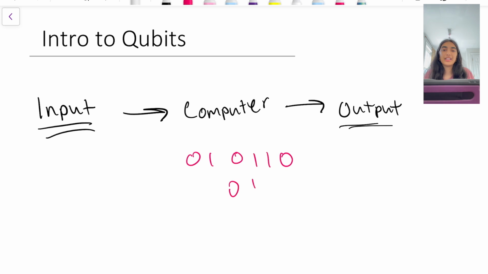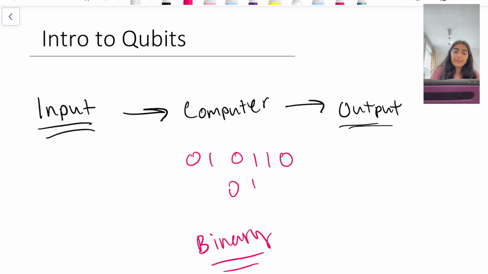That's how it speaks, that's how it communicates. That's the only thing that they understand, binary, 0 and 1. And so whenever you input something, it turns it into binary, and then it gets another binary output, and then it turns it into something that you can understand. Okay?